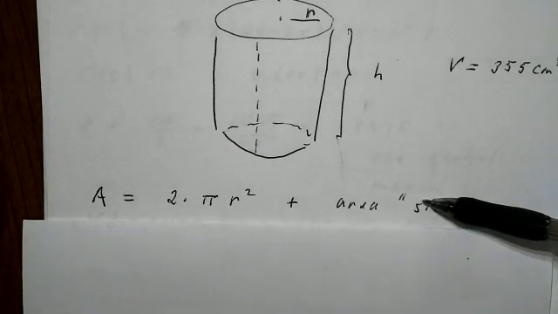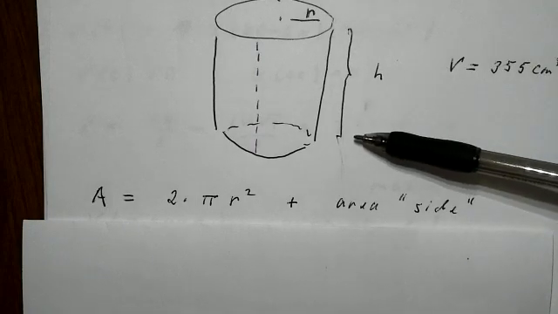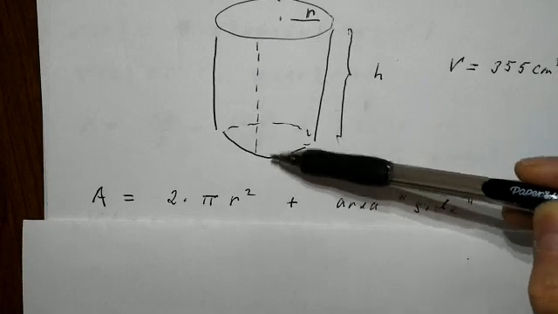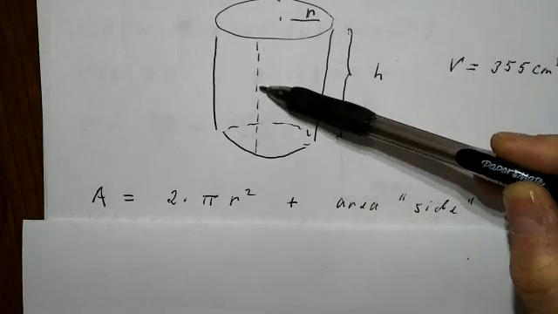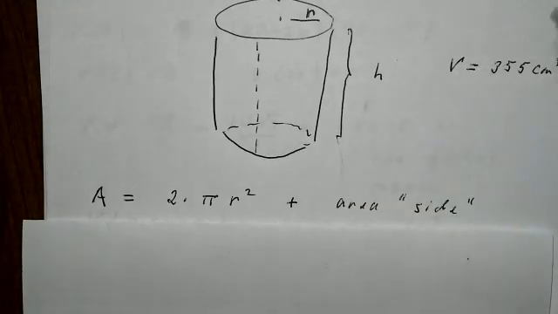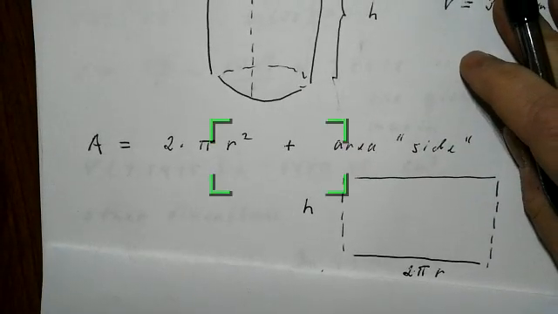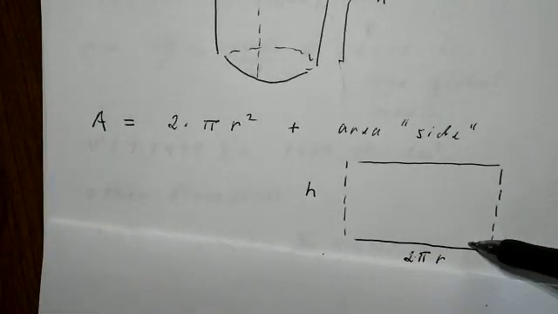Now we have to find the area of the side, and this is a little bit tricky. Here's where we're going to have to use h. Imagine, if you will, forgetting about the top and the bottom, and just taking the side of the can and cutting it down this way and laying it down flat. And if you did that, you would get something that looks like this.